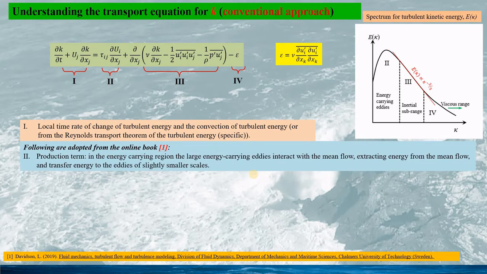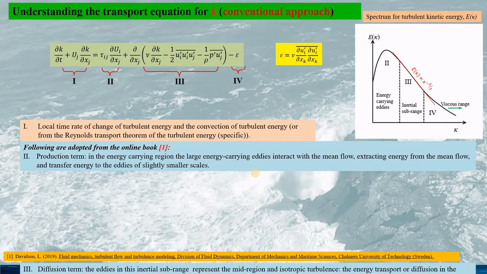Region 2 is the production term, meaning the product of the Reynolds stress tensor and the velocity gradient. In this region, the large energy-carrying eddies interact with the mean flow, extract energy from the mean flow, and transfer the energy to the eddies of slightly smaller scale.